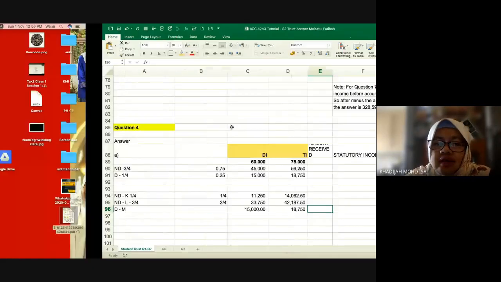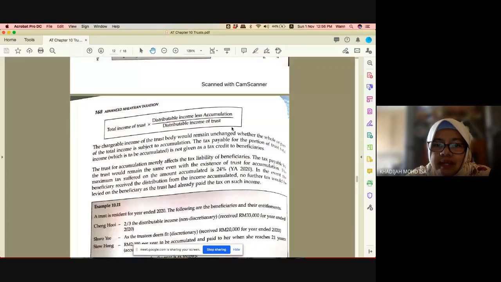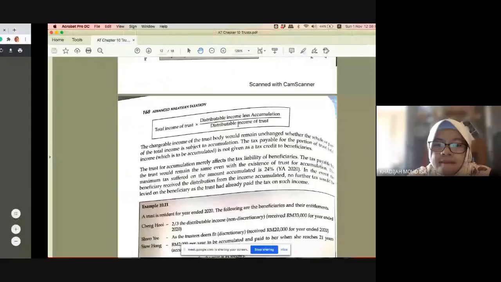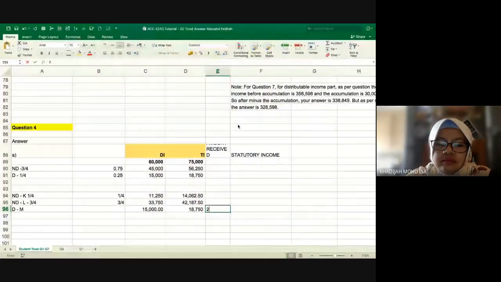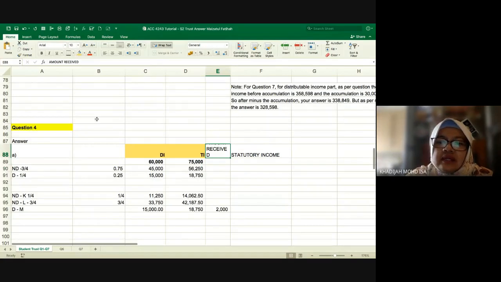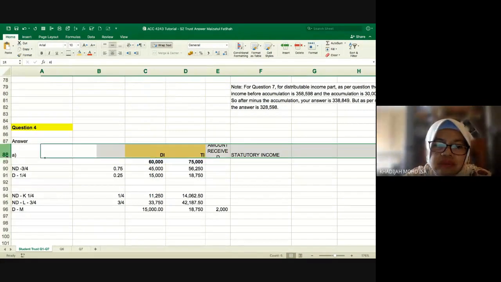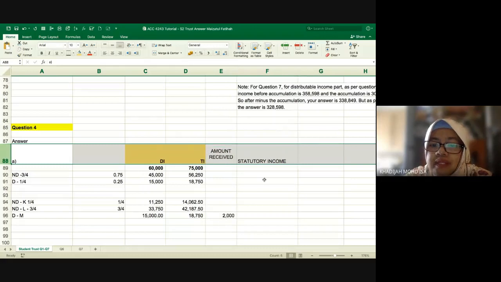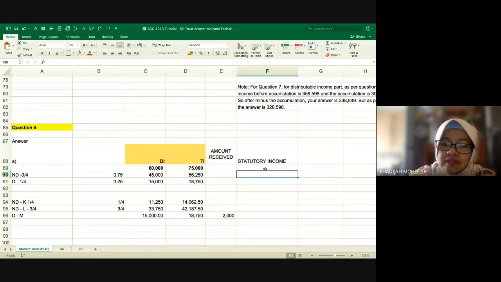So in this case, how much is the amount received by M? 2,000. So you plug in 2,000. Even though ND receive, it doesn't make any difference to the non-discretionary fund, because the statutory income will always be based on the total income.